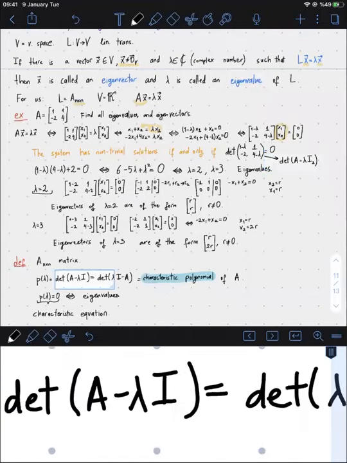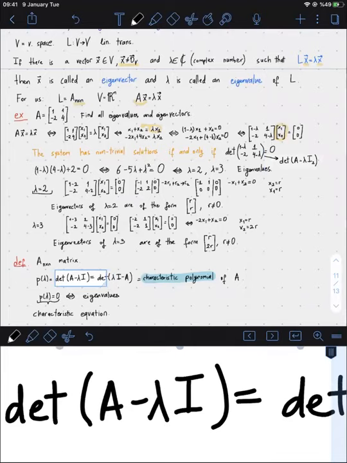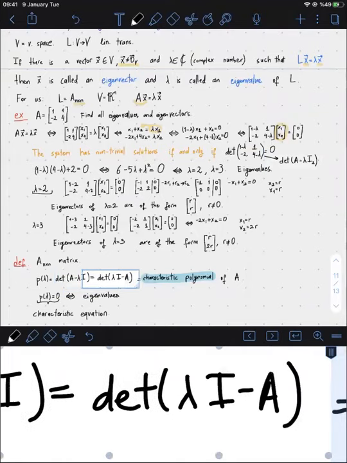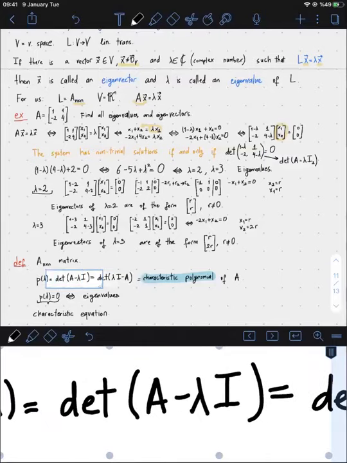Okay, so these two determinants are equal. Basically, I shouldn't say they are equal. This is not good.